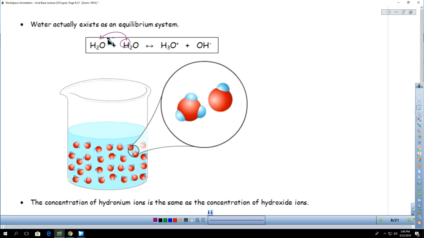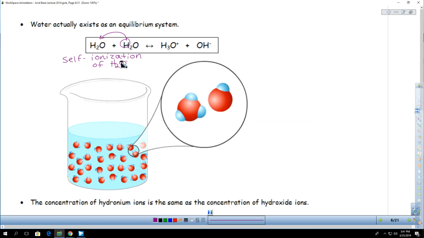We call this the self-ionization of water. Usually water molecules are neutral, but every now and then it's possible that they collide with each other in the perfect orientation such that a hydrogen is transferred.